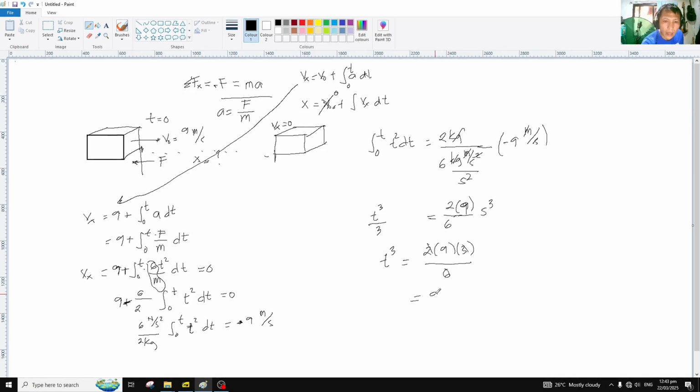So you have 9 seconds cubed, t cubed, so time is equal to the cube root of 9. The cube root of 9 is 2.08, so time is 2.08 seconds, or the cube root of 9.